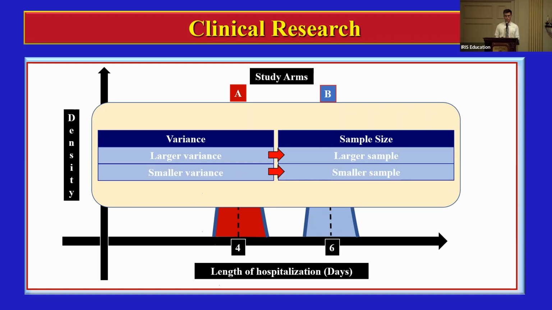As you saw, the two distributions may overlap, so it's more difficult to detect that difference if one exists. And if the variance is smaller, then it's going to be easier to detect that difference, so we will need a smaller sample size to do so. The main takeaway here is that depending on the values that we assume for effect size and variance, it's going to affect the total number that we need to include in our study.